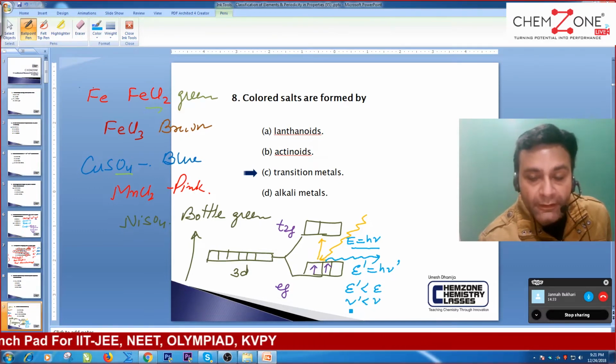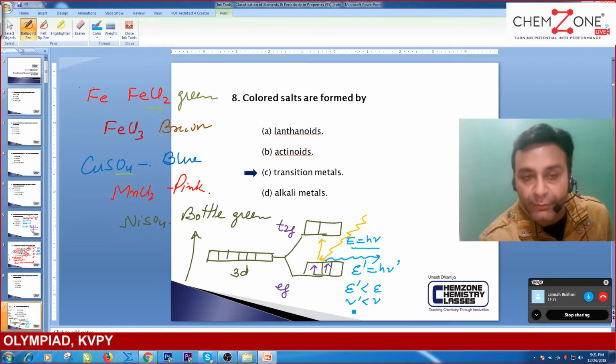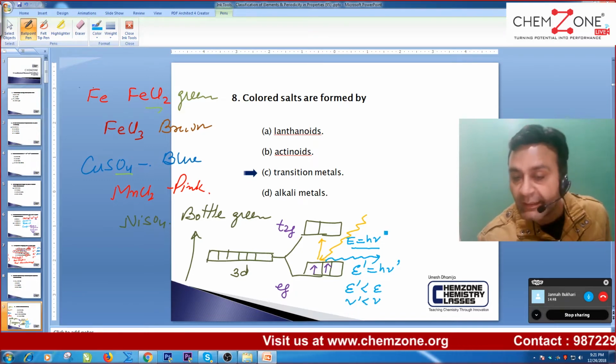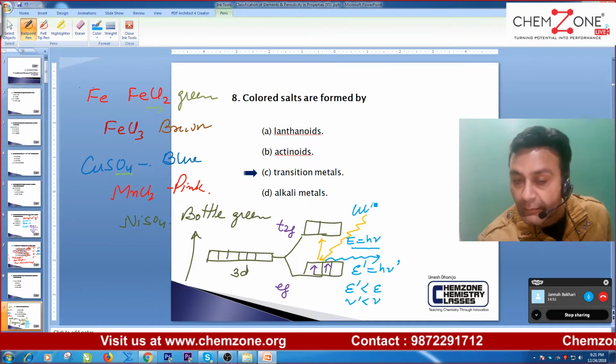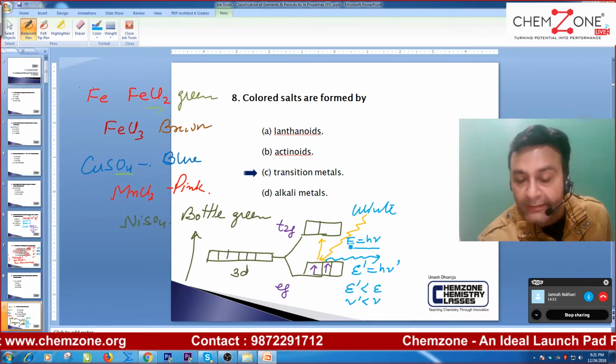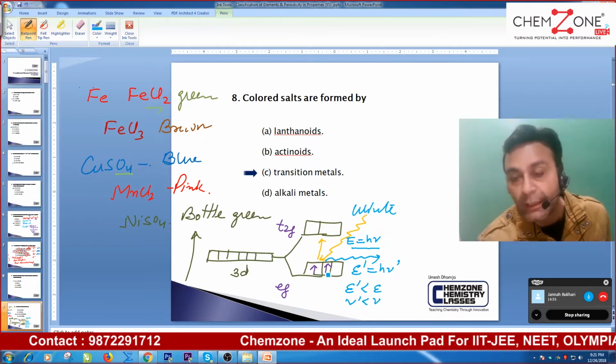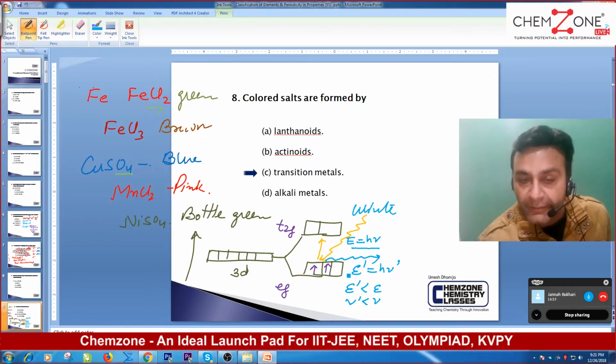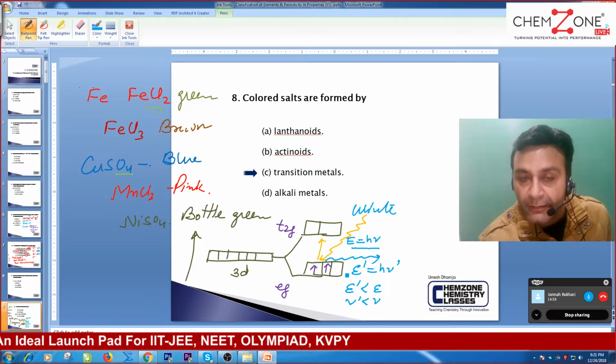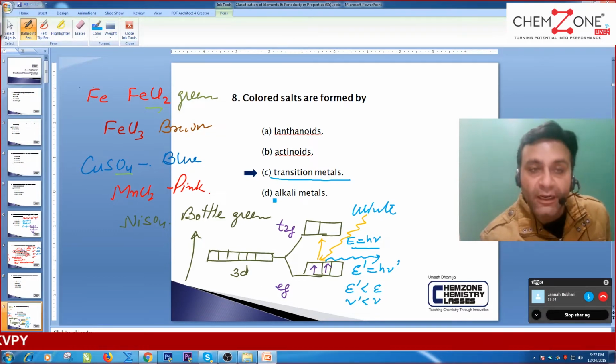It means the transmitted frequency is different from the incident frequency, and that is why the color appears based on the reflected frequency, not the incident. Incident radiation is white light, but some frequencies are absorbed and the remaining come out. The complementary color appears. That is why the compounds of these transition elements are colored.